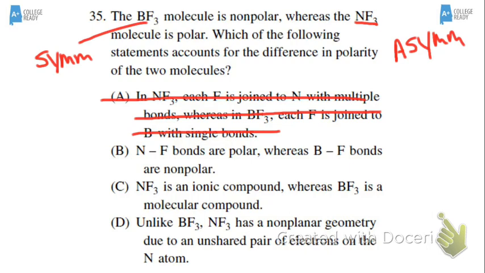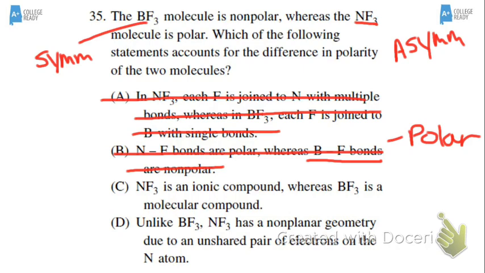Nitrogen fluorine bonds are polar whereas boron fluorine bonds are nonpolar. B is not true. This right here has polar bonds. These are polar. But again, we talked earlier and I told you that a molecule can have polar bonds but still be nonpolar if it is a symmetrical compound. So we know that B should not be one of our answer choices.